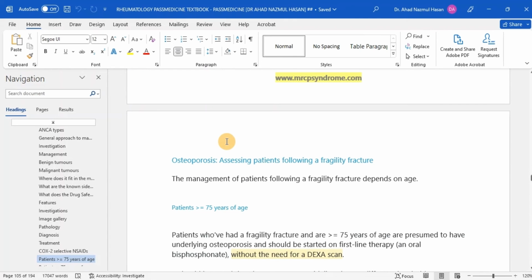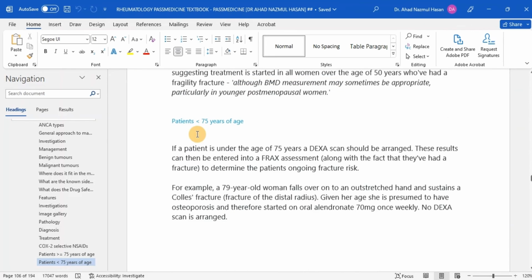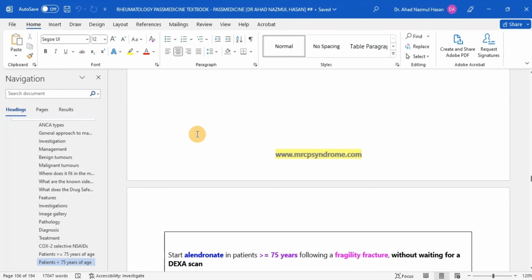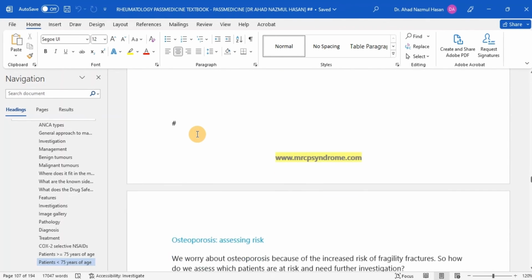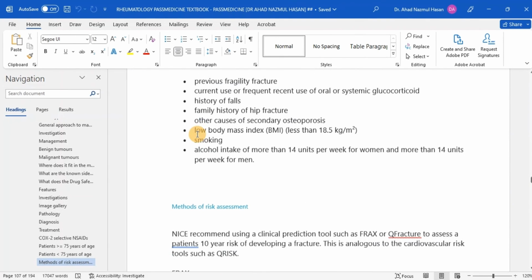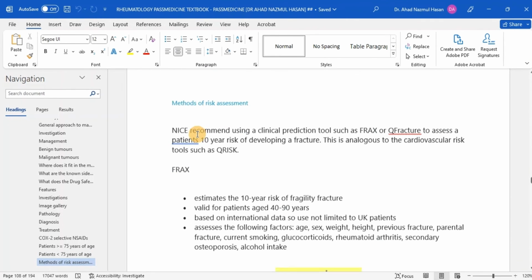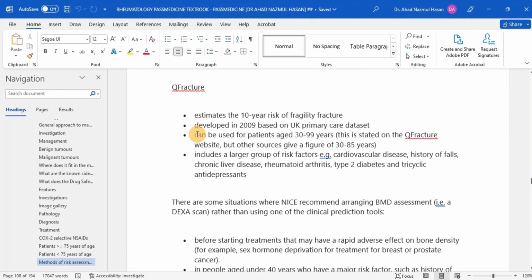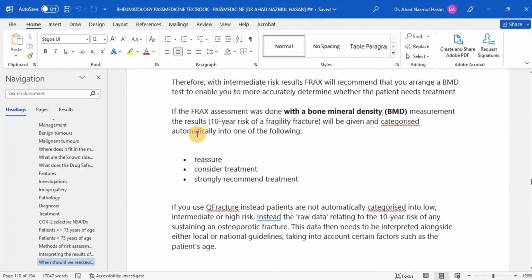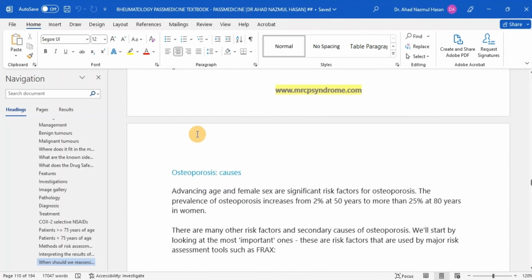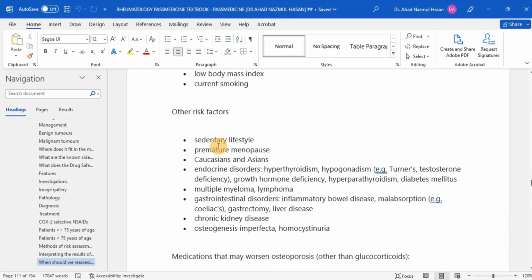Osteoporosis and fragility fracture. This is a 5-star topic. When to go for bisphosphonate, when to go for denosumab. Causes of osteoporosis and other risk factors.